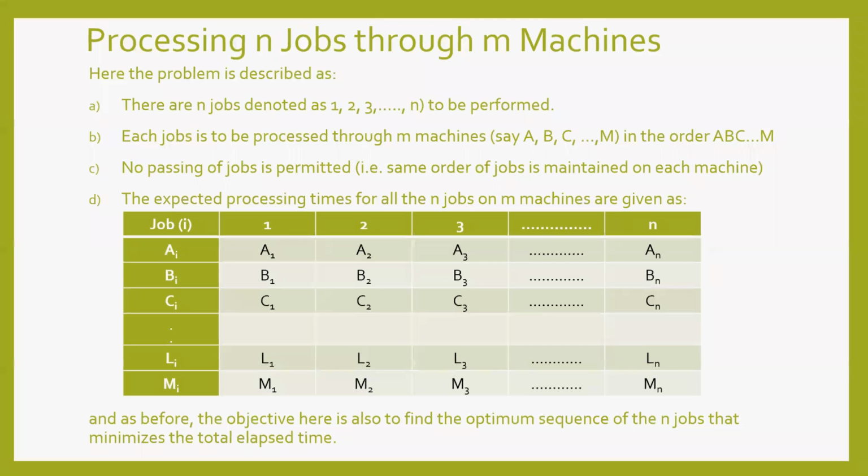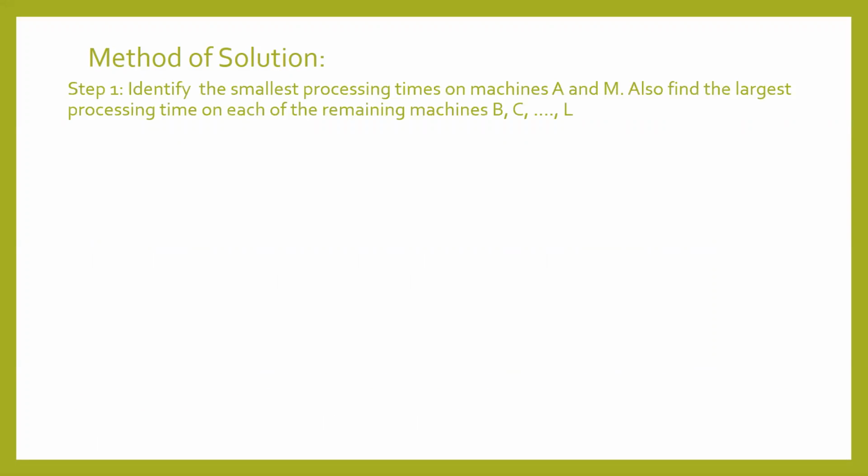Now, what are the methods which I'll be using? We are going to again make use of Johnson's rule and the extended Johnson's rule for more than 2 machines. Last time we saw the extended Johnson's rule for 3 machines. Let us see what we can do with m number of machines. First of all, we have to identify the smallest processing time on machine A and M, and also find the largest processing time on each of the remaining machines in between.